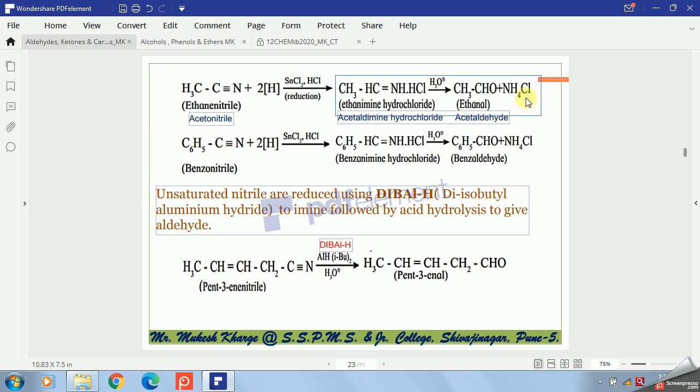NHCl becomes NH4Cl, and CH3CH becomes CH3CHO. We get ethanal or acetaldehyde as product. Okay, you can try changing this alkyl group. And if we write C2H5 here, tell me the product, write down this product and write that in the comment box.